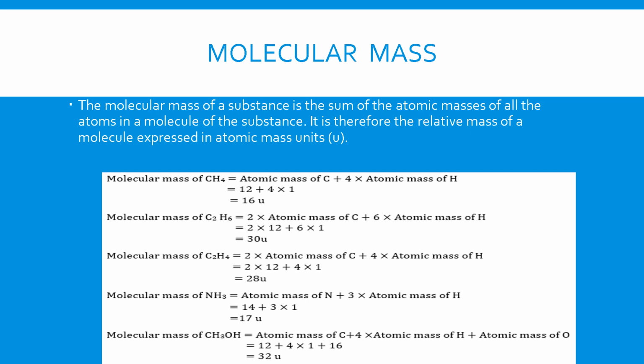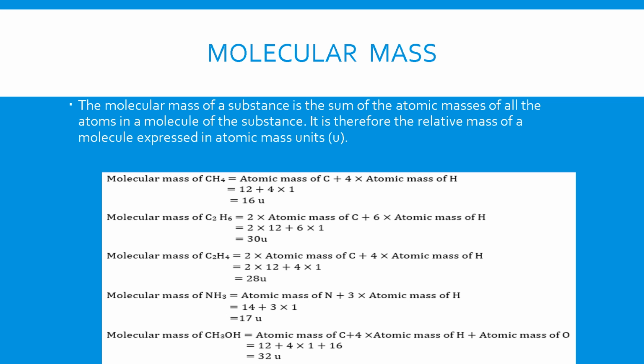For example, you are seeing here the molecular mass of methane, that is CH4. So what will you write here? Atomic mass of carbon, because in methane only one carbon is there, plus 4 into atomic mass of hydrogen. Why 4?